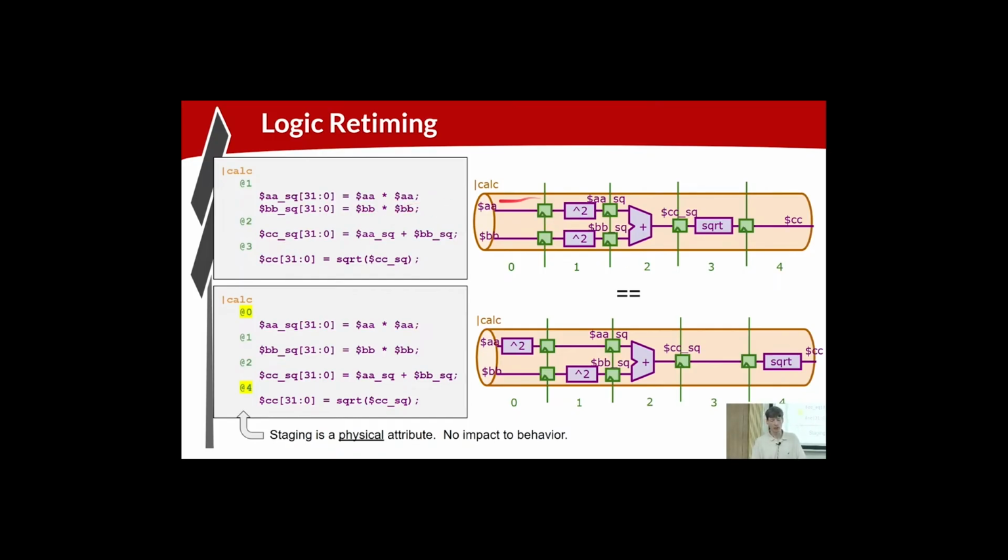So this code doesn't necessarily mean there's a flip-flop. It depends. I'm just drawing it stretched out to match this one. If the assignments of A and B are also in stage 1, there's no need for flip-flops. They won't exist.